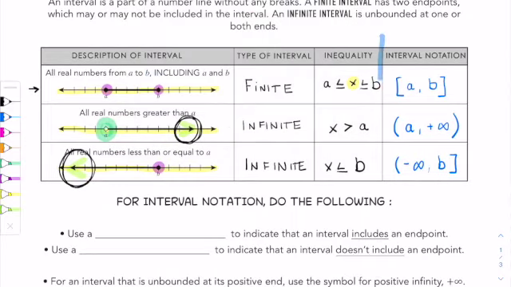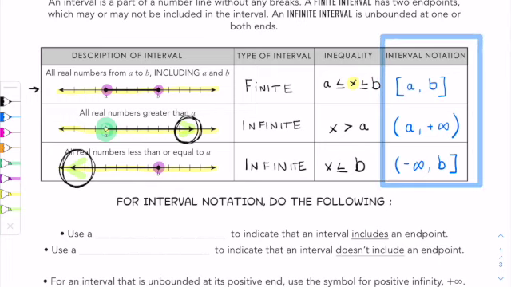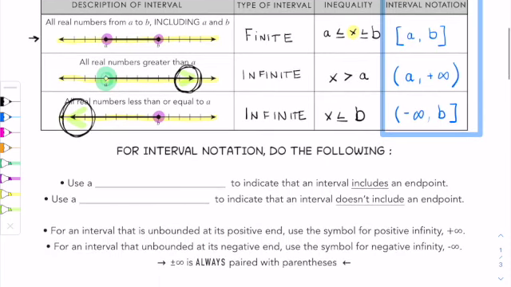So this here is an example of, or three examples of interval notation, which is what we're working towards today. Let's talk about when you use square brackets or round brackets. So you use a square bracket, which looks like this, to indicate that the interval includes an endpoint.